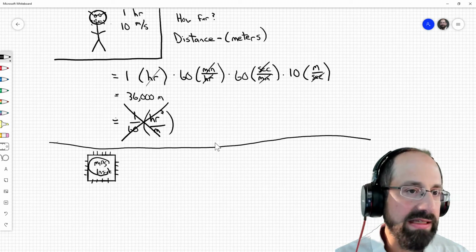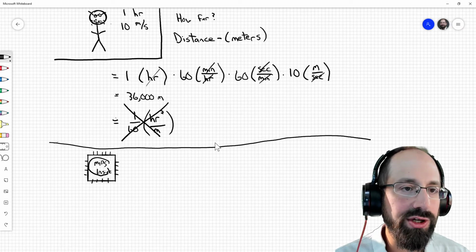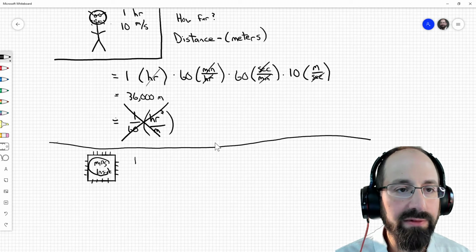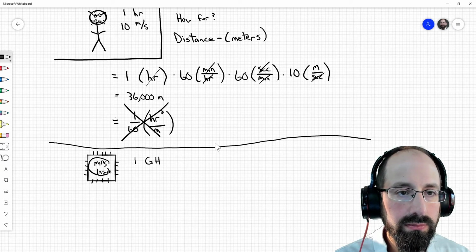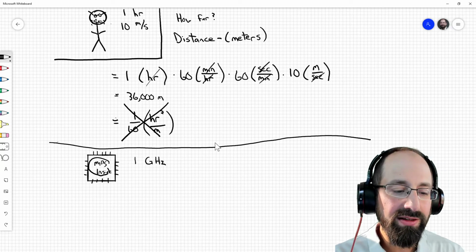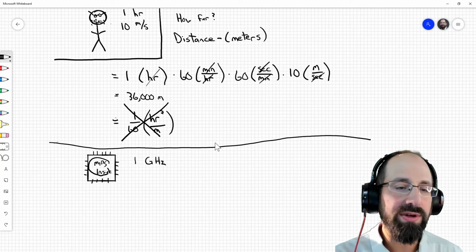And maybe this point is obvious. I just want to make sure we're all on the same page here. This processor will get some speed rating associated with its clock of something like, for example, 1 gigahertz. Hertz, right? It's something per second, some repetition per second.